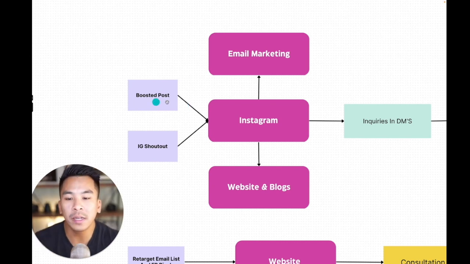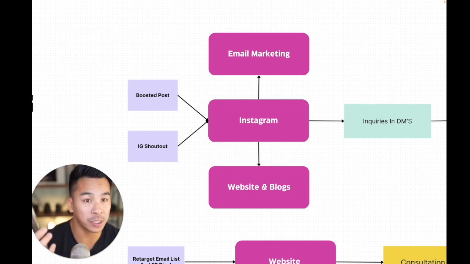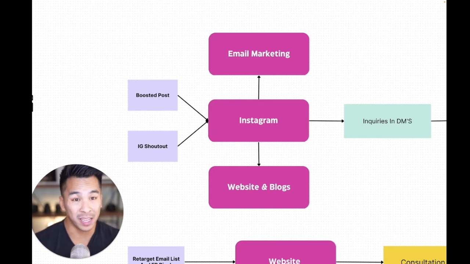Now, the only thing with boosting posts versus running ads on the back end of Facebook and Instagram is the targeting is not as accurate. So I actually have my newly engaged targeting. Pretty much, that newly engaged targeting for a boosted post would be like a 50-mile radius in your city, keeping the age broad, ages 21 to 45.